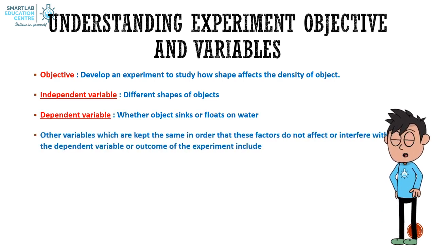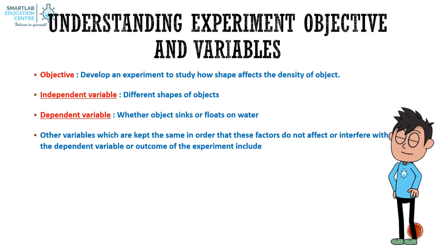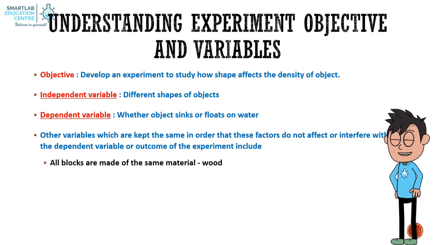Other variables which are kept the same, in order that these factors do not affect or interfere with the dependent variable or outcome of the experiment, include: all blocks are made of the same material, wood.